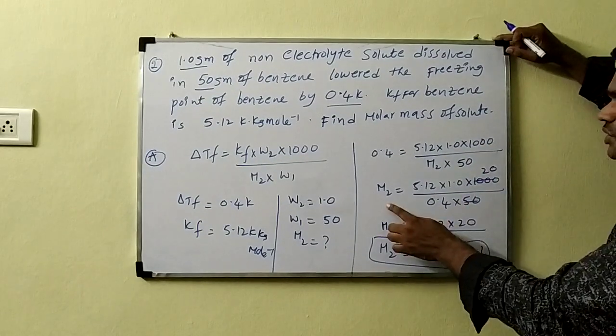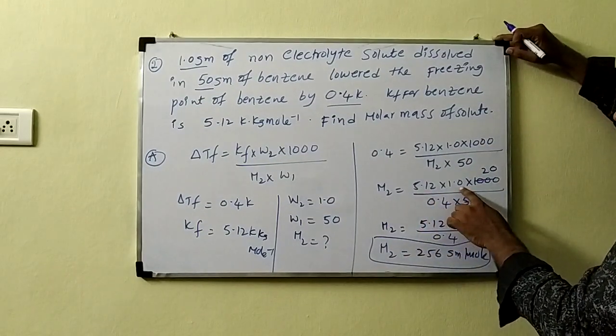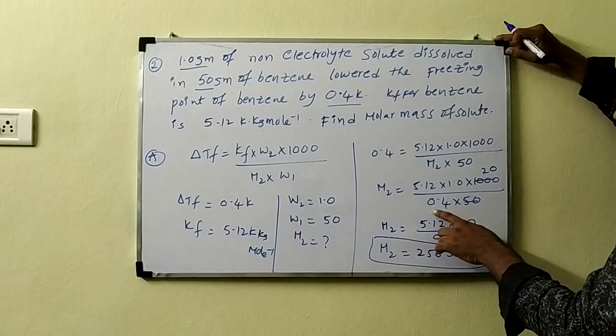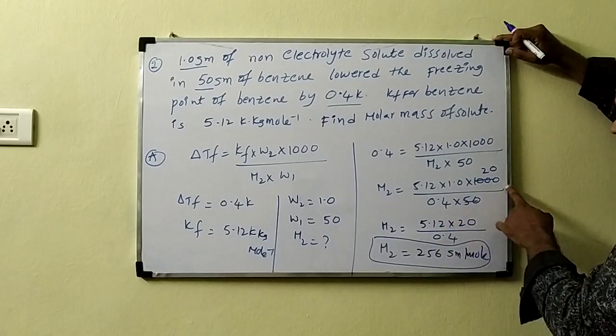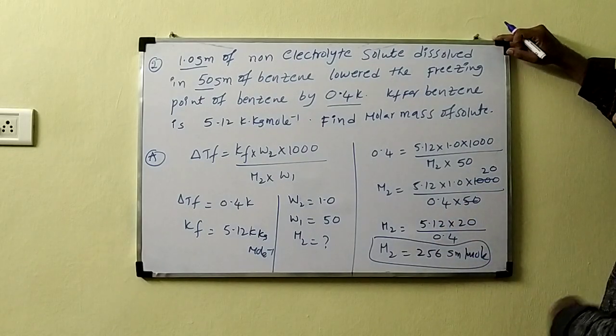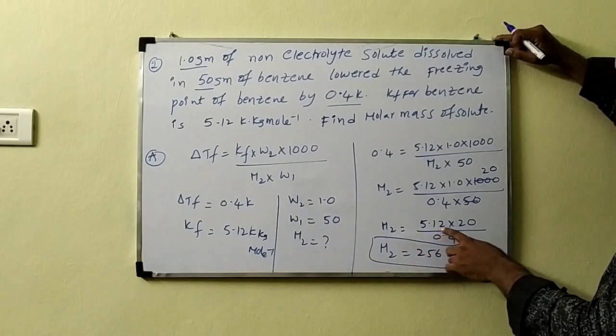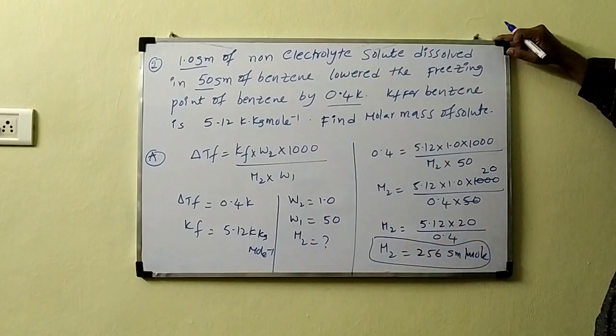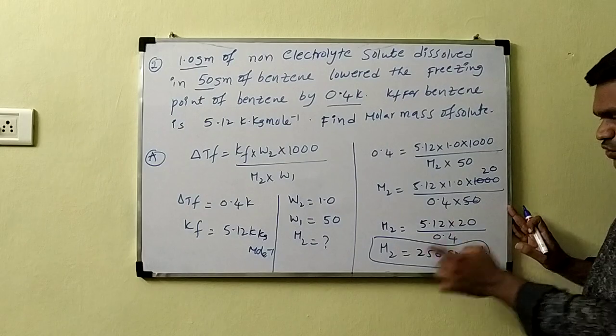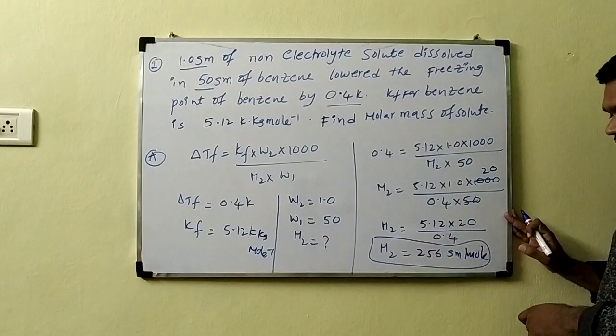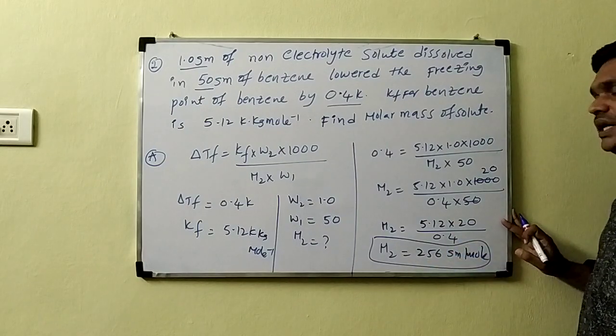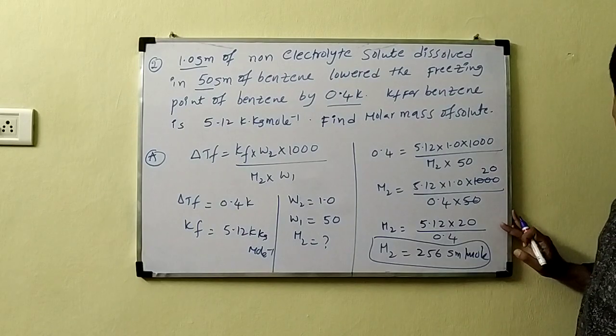Now M2 is equal to 5.12 into 1.0 into 1000 by 0.4 into 50. 50 can cancel how many times here? 20 times only. So M2 is equal to 5.12 into 20 by 0.4. If you solve this one, you will get 256. What are the units we have? Gram per mole only. Clear?